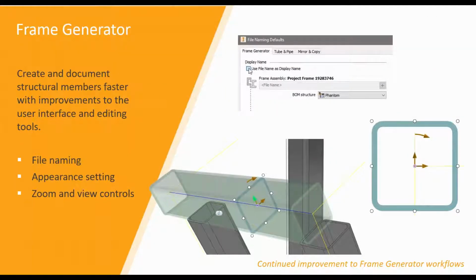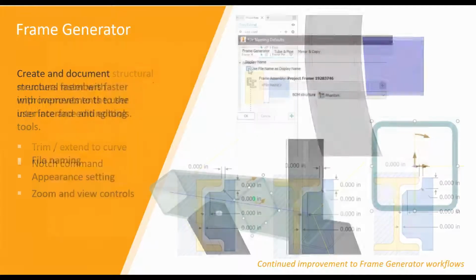So when it comes to file naming, your appearance setting, your zoom and view settings, you have been given more added functionality that lets you customize your settings, save and reuse them for later, so you don't have to keep repeating those exercises over and over again.